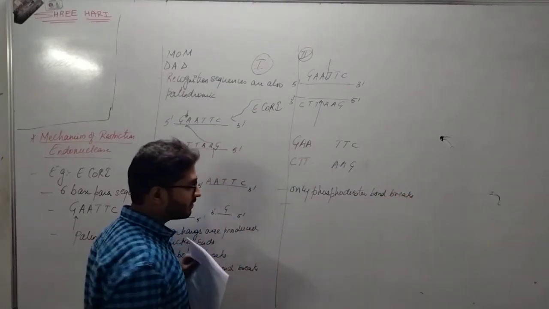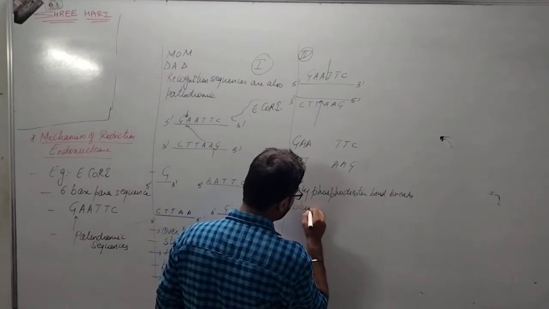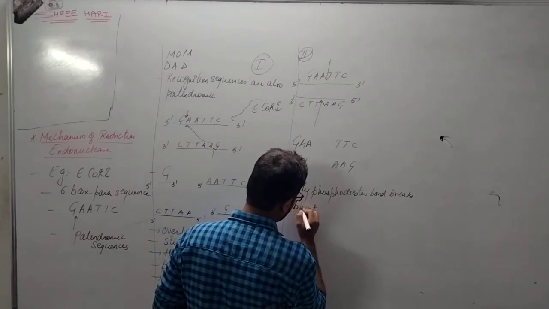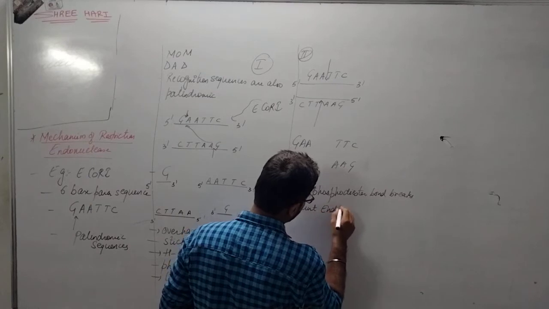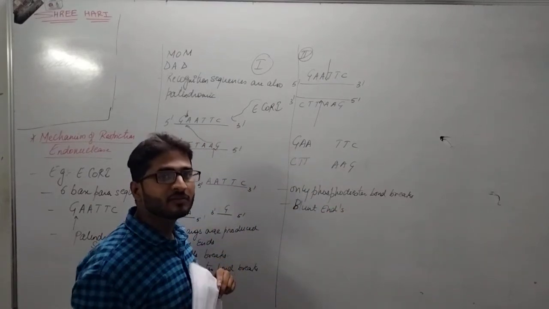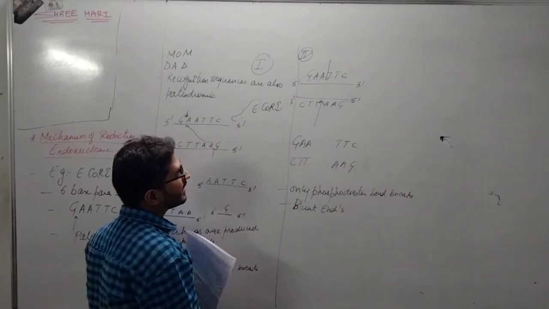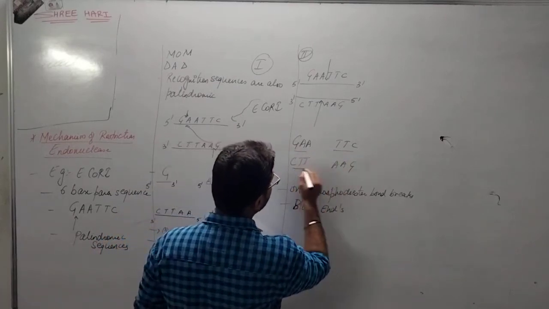The ends we receive are called blunt ends, because both are of the same size.